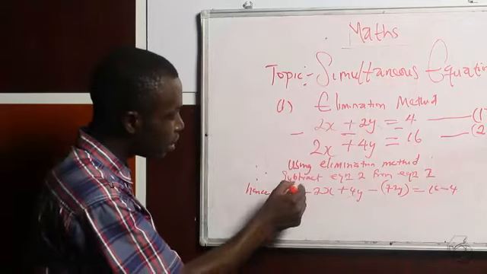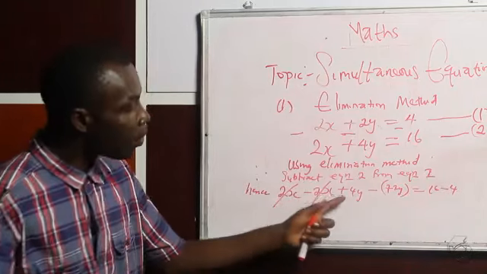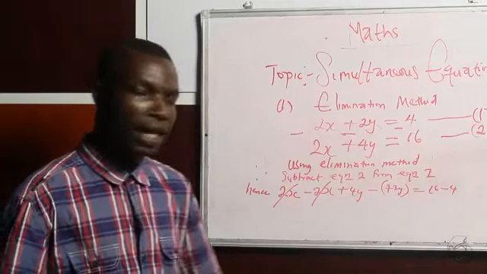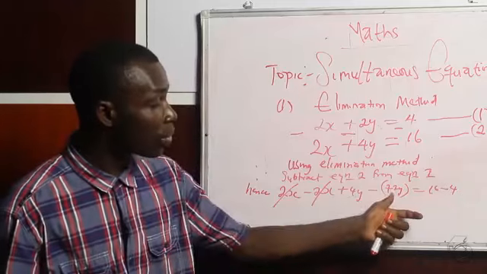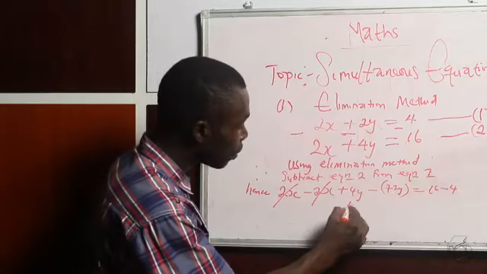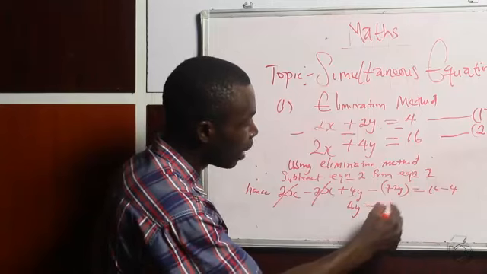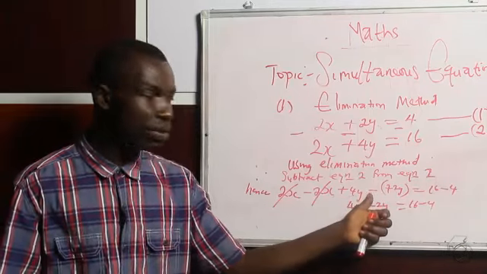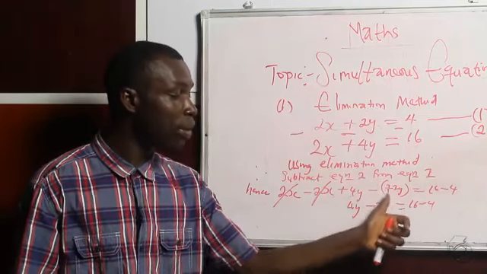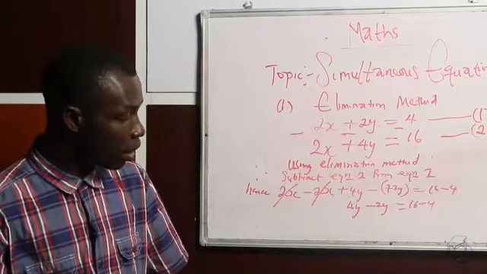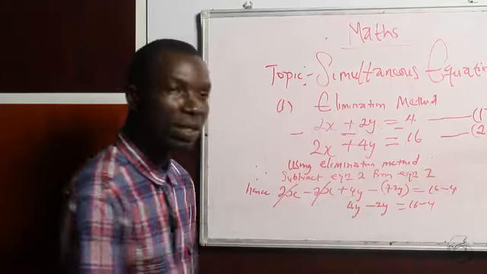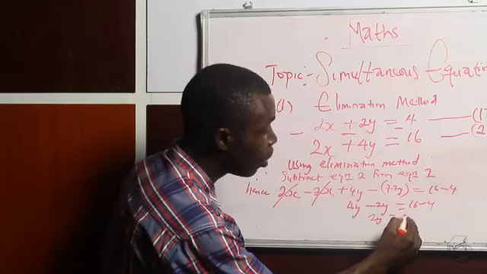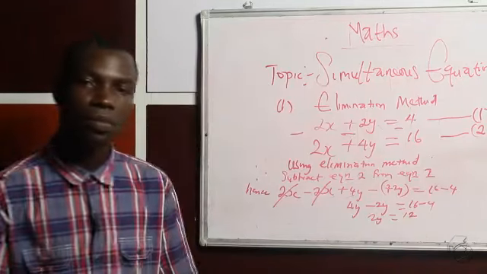2x minus 2x, it cancels. Plus 4y minus plus 2y. Remember our number line that said minus times plus gives us minus, which gives us 4y minus 2y equal to 16 minus 4. Because minus times plus, we open this bracket and it turns to minus. So 4y minus 2y equal to 16 minus 4, where we have 2y equal to 16 minus 4, which will give us 12.